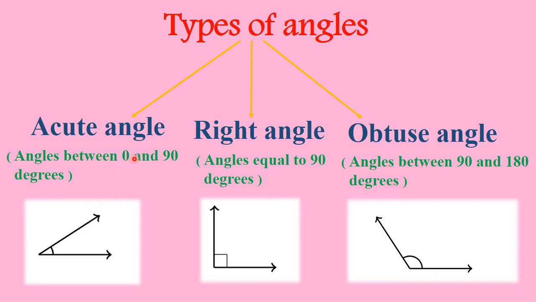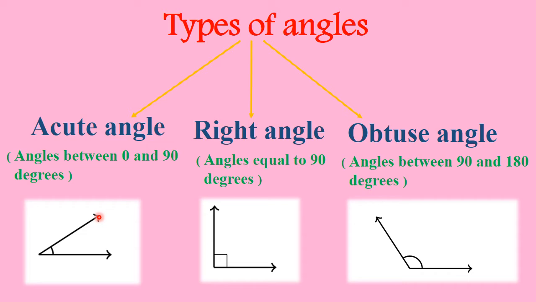What is an acute angle? If the size of an angle is in between 0 and 90 degrees, that type of angle is known as an acute angle. That means the size of the angle should be less than 90 degrees but greater than 0 degrees.